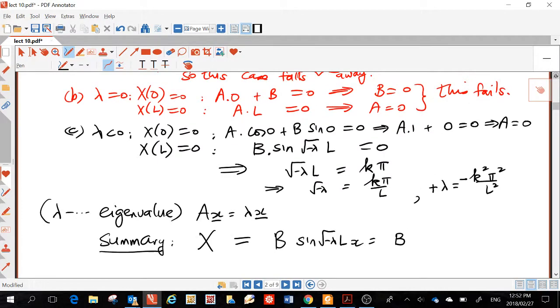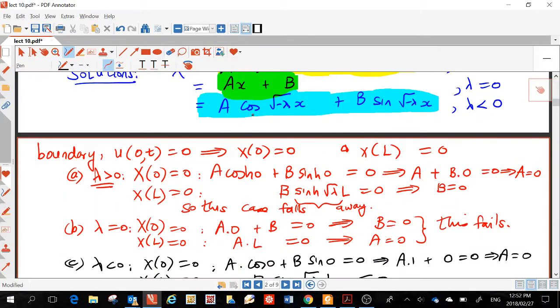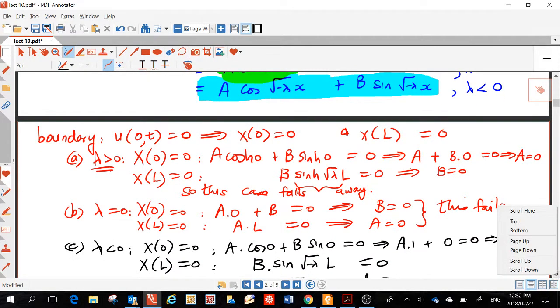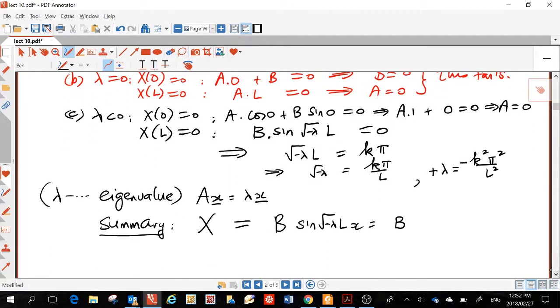Okay, where was this thing? Have a look at the green thing here. A is b sine root minus lambda x. Let's follow that there. That's the solution. B sine root minus lambda x, or we can write it as b sine k pi x over L.